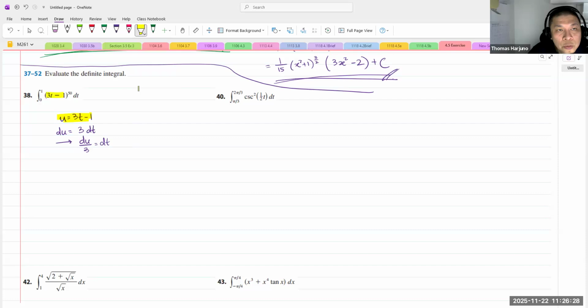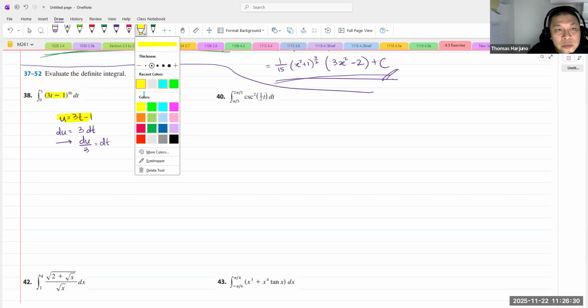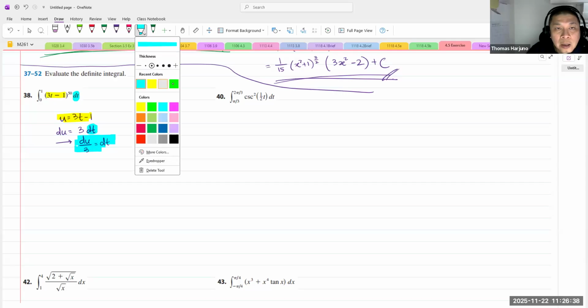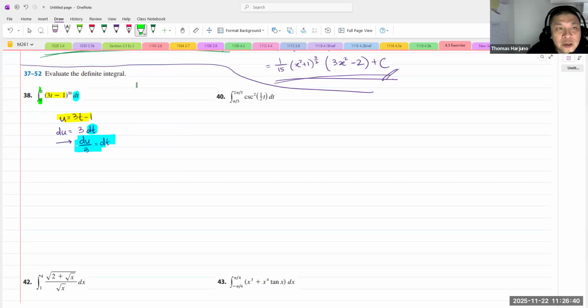This is my u. This is my dt. But at the same time, I need you to know what happened to the interval of integration. Substitute that right away. I know different teachers teach differently, but trust me, this will be the most convenient way.